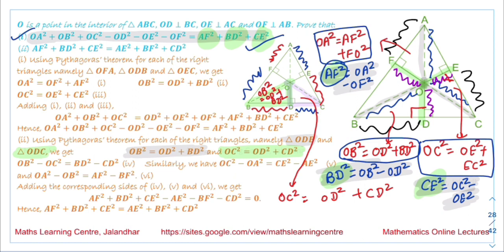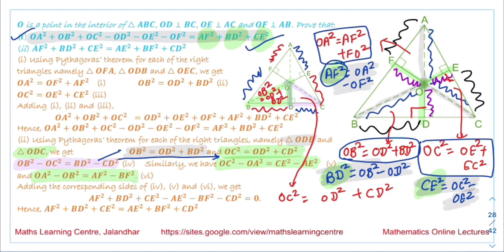Now if we subtract these two expressions, we will get OB square minus OC square equal to BD square minus CD square. Similarly, OC square minus OA square is equal to CE square minus AE square, and OA square minus OB square is equal to AF square minus BF square.